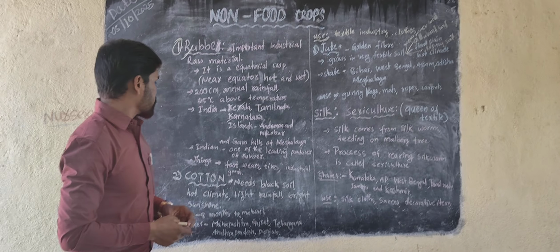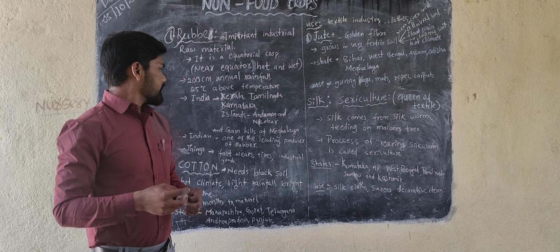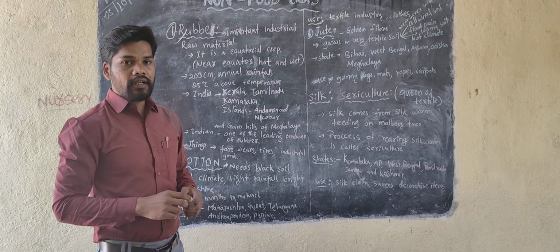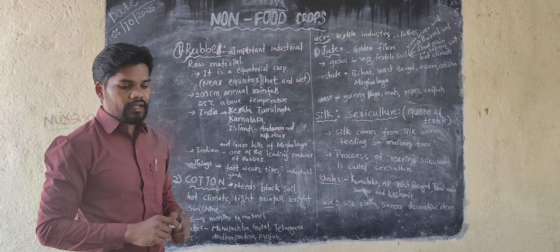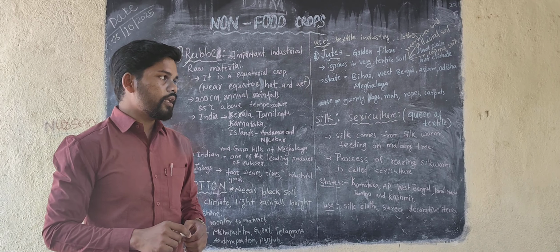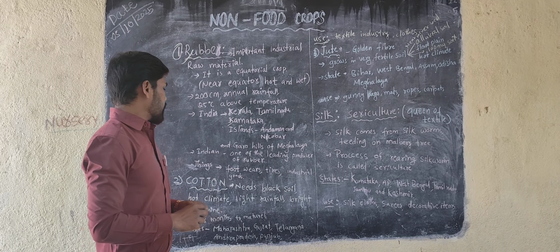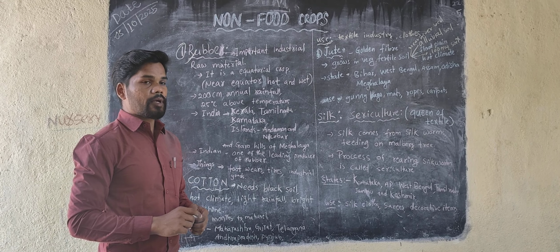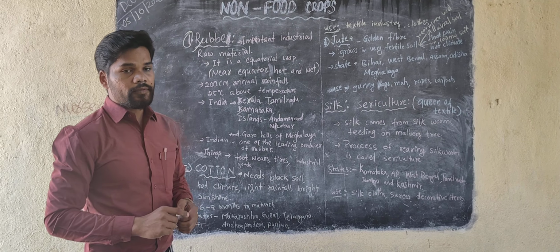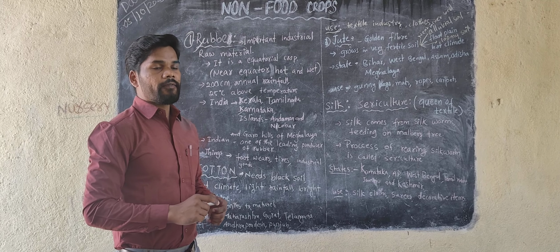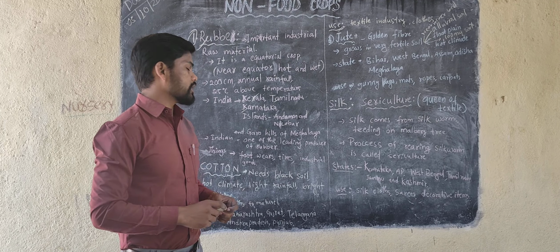Now we will see how these rubber trees are useful. Rubber trees help us to make footwear, vehicle tires, and industrial goods as well.